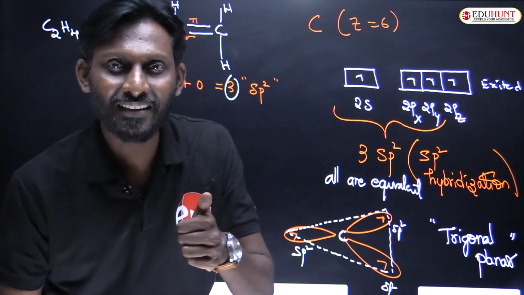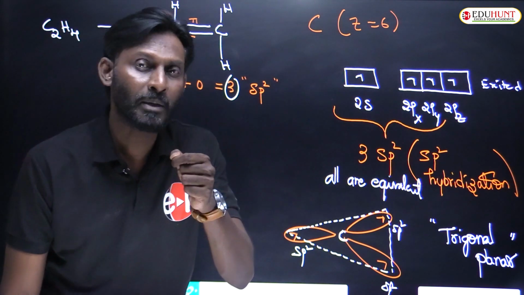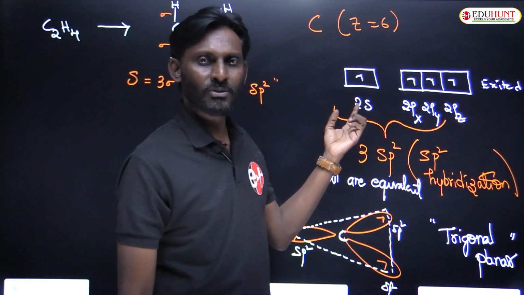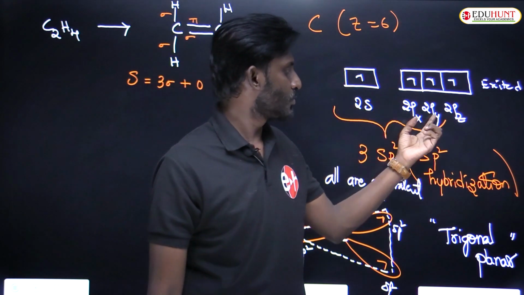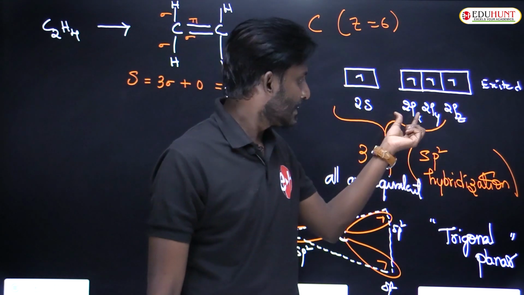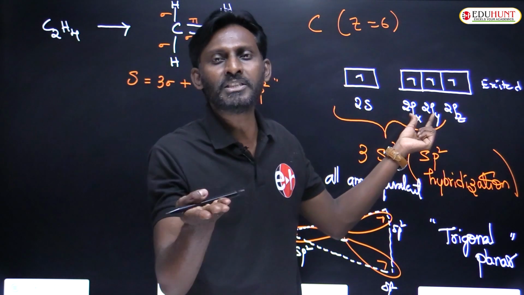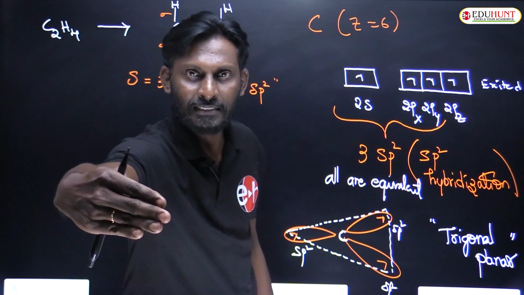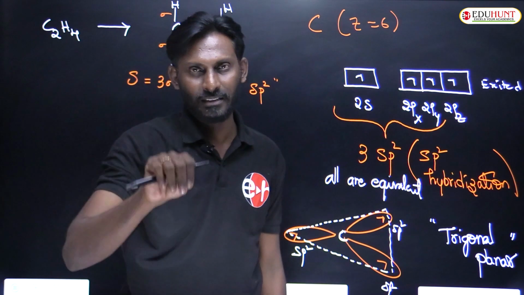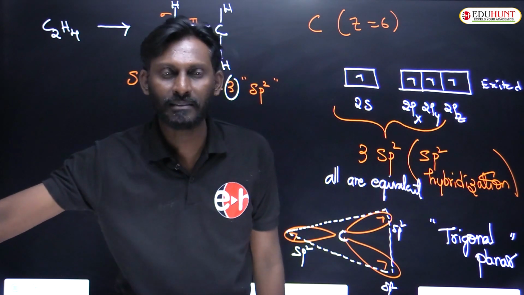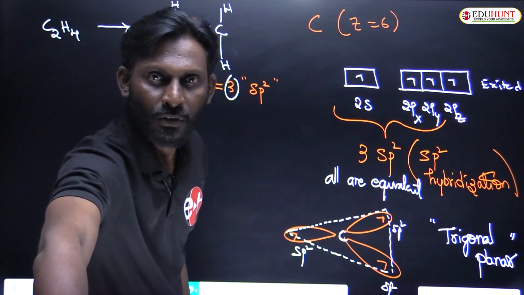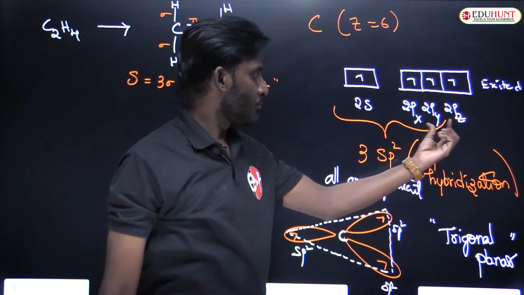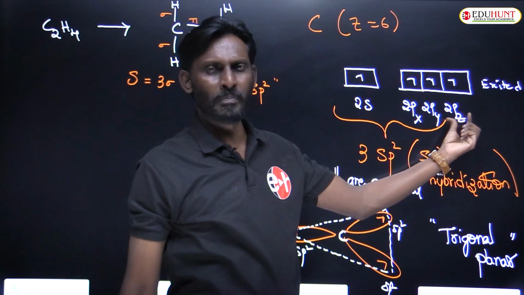Sir, which plane, sir? Are you able to identify that plane? See carefully. This s orbital is intermixing with the 2 p orbitals. These 2 p orbitals are present in which plane? XY plane. Left to right, x-axis. Back to front, y-axis. Then bottom to top, z-axis. And we just leave this 2pz orbital.